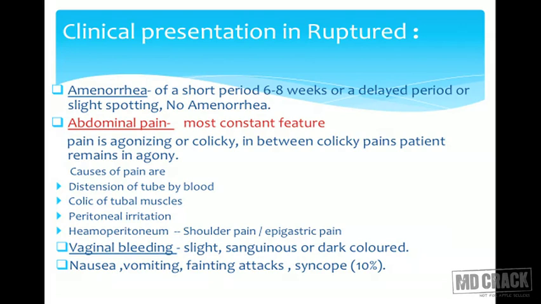So this is the presentation of a ruptured ectopic pregnancy. If these symptoms are seen, you have to think of a ruptured ectopic pregnancy. Do a quick pregnancy test. If it comes positive, do further investigations. If you suspect ectopic, you have to act immediately, revive the patient and stop the bleeding as early as possible.